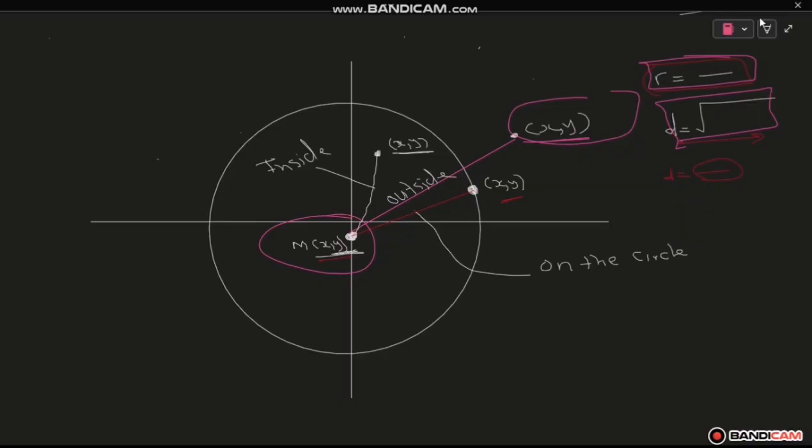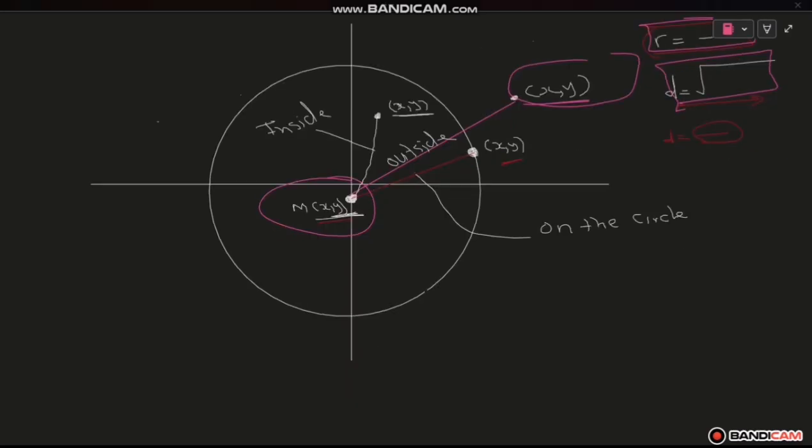You find the distance, then you compare the distance with the radius of the circle that you are given. Then that's when you will conclude that it lies inside or it lies on the circumference. If they say it lies on the circumference, it's the same thing as when they say it lies on the circle. That's very, very important.